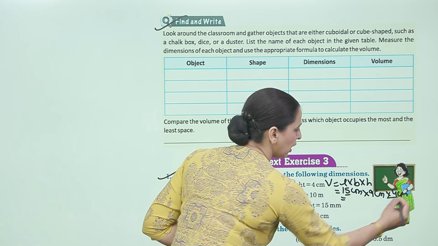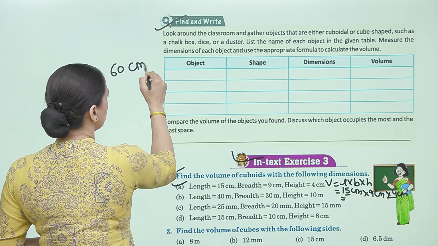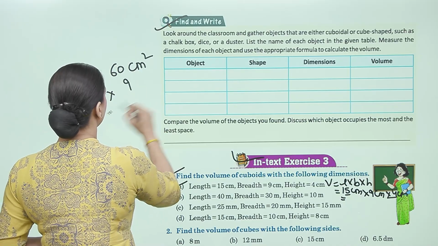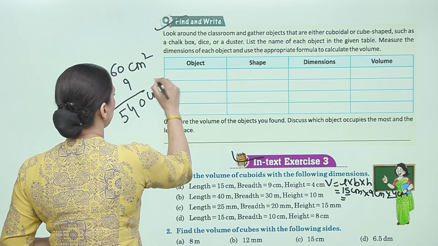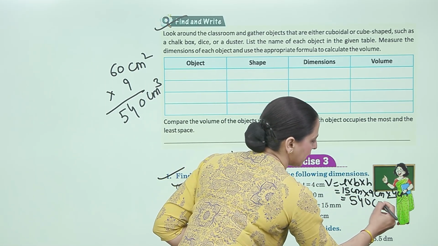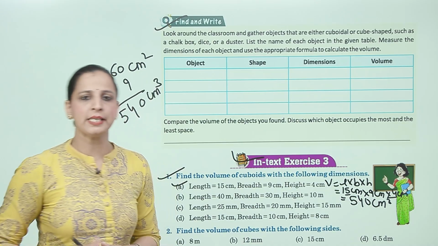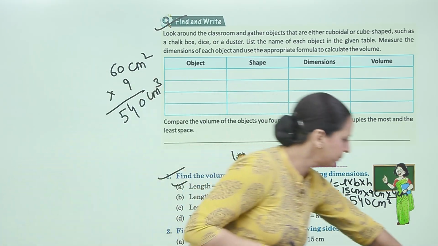Now, 15 4s are 60 centimeter square multiplied by 9, 540 centimeter cube. So, 540 centimeter cube या cubic centimeter. तो बच्चों सेम मेथड को यूज करते हैं, बाकी के पार्ट्स आप खुद ट्राई करेंगे.